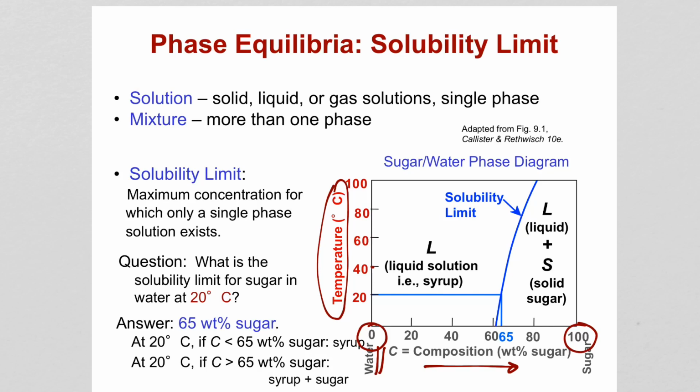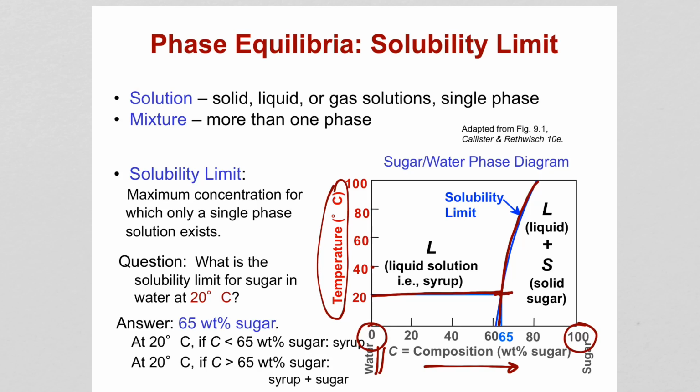It says, what is the solubility limit for sugar in water at 20 degrees C? As you can see, at 20 degrees C, this solubility limit line is showing us where we cross from liquid to liquid plus solid sugar formation.